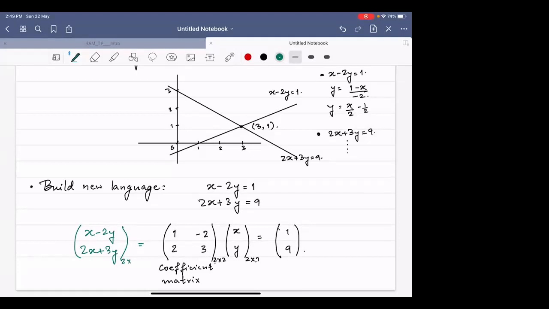That's what we have here. Then you equate the first row with the first row, that gives you the first equation, and the second row with the second row, that gives you the second equation. So what we have done is written this system of equations in terms of matrices like this.